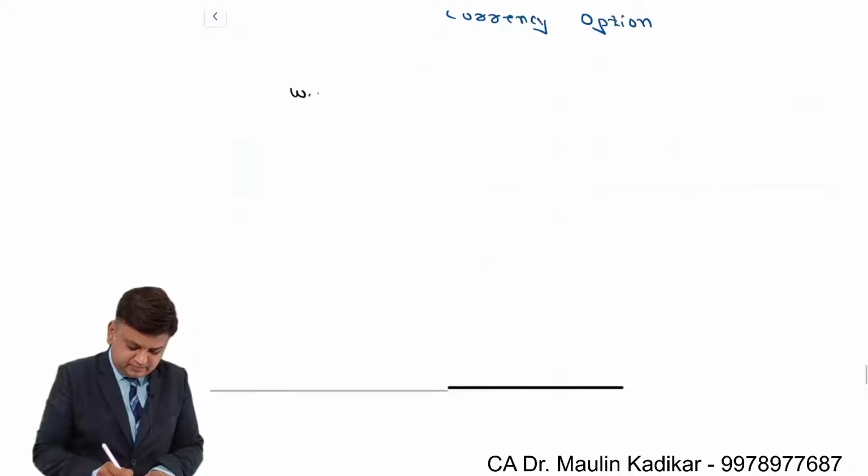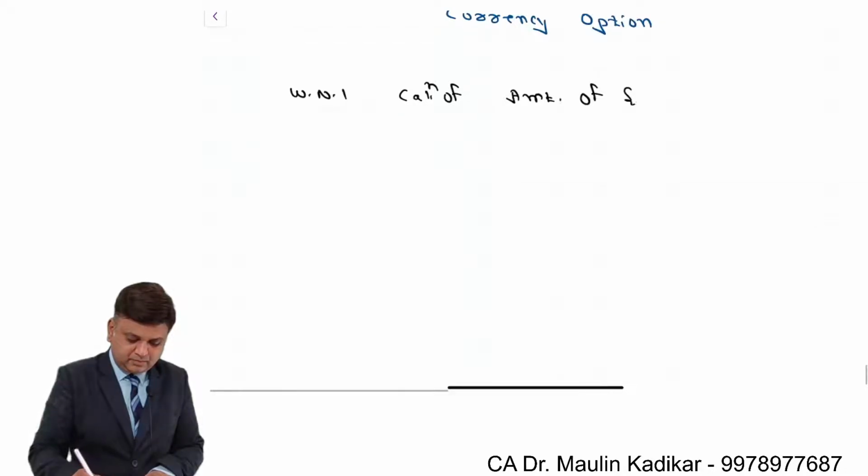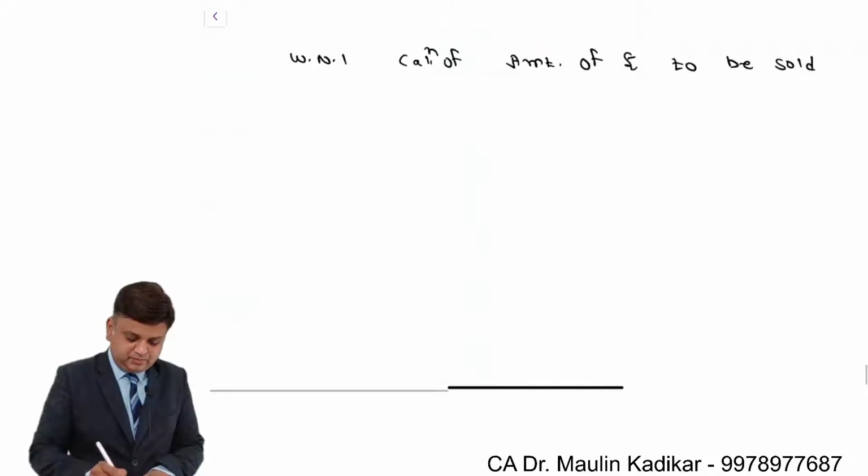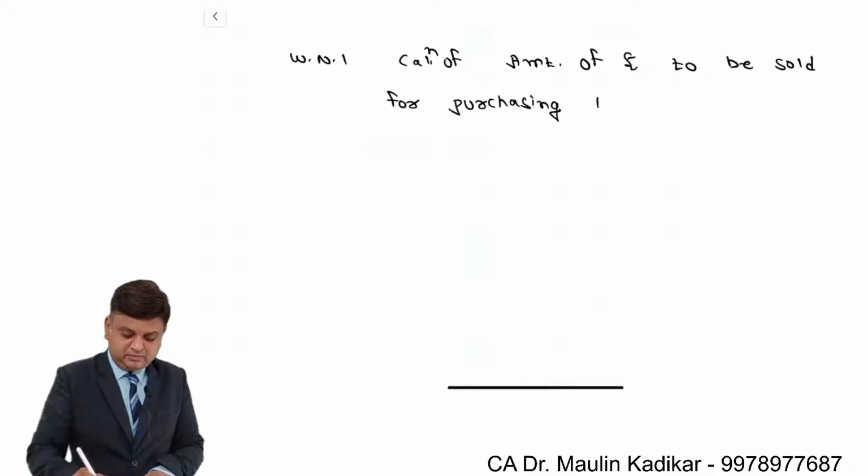Working note number 1, calculation of amount of pound to be sold for purchasing required dollar.